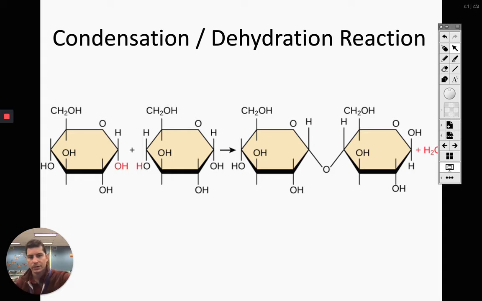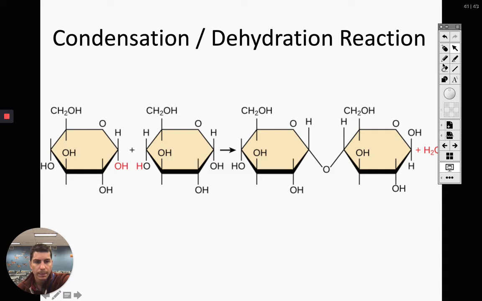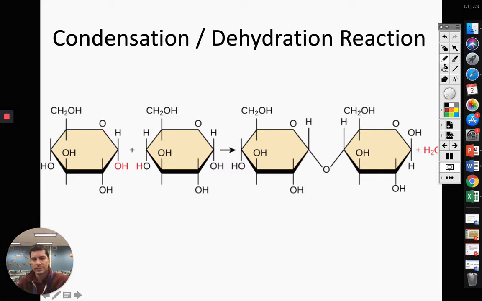So here's our condensation one. I know, it looks intimidating. Here's our hydrolysis one. Again, I get it. It looks intimidating. But let's look at one thing here. On our condensation reaction, look at your product. And I know my screen is slightly hiding it. But we have water over here.